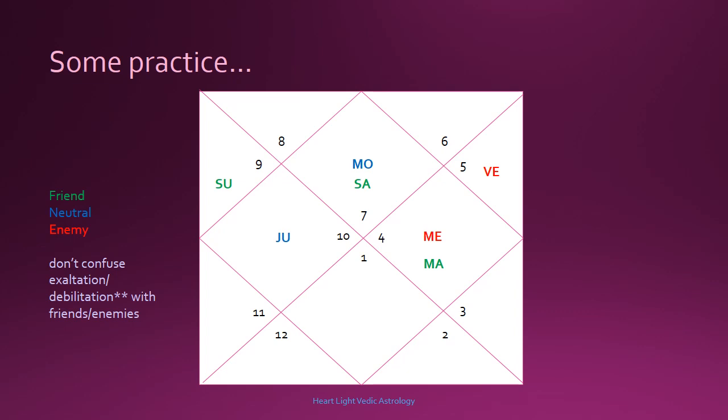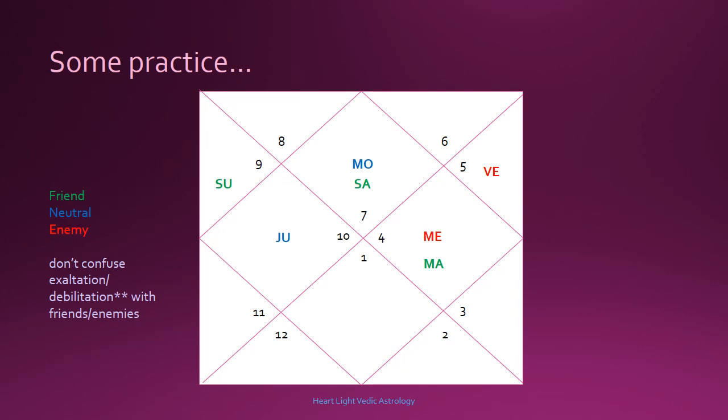First of all, we know Moon... Oh, no, excuse me. Sorry. Let me roll back a little bit. So again, not to get confused, but just to note, Mars in Cancer is debilitated. So Mars has weakness because it's in Cancer.